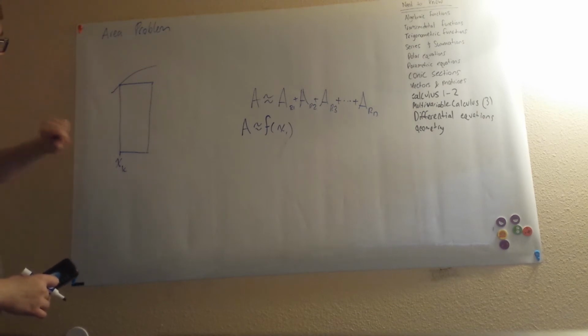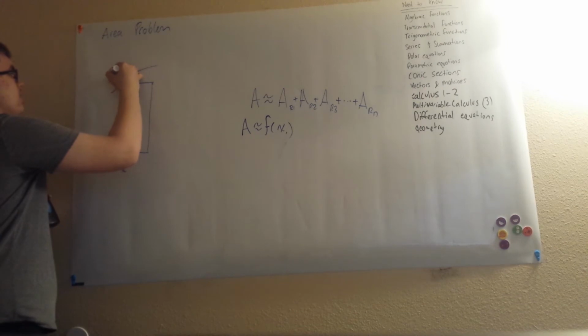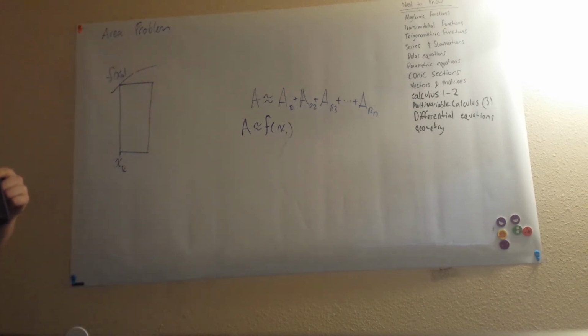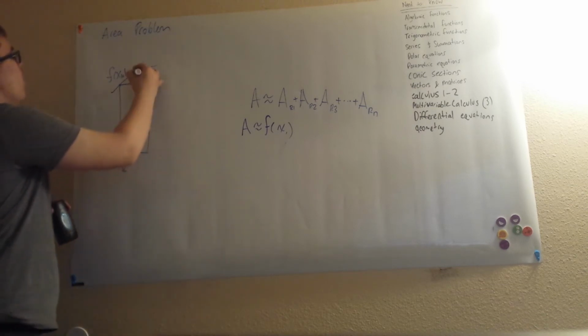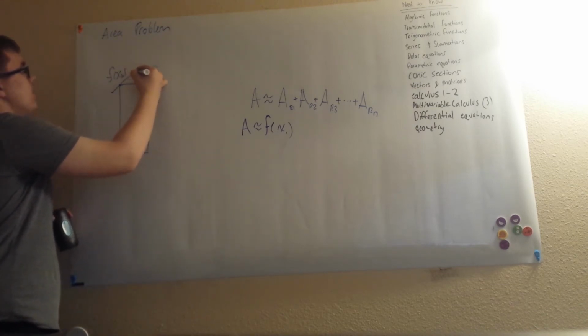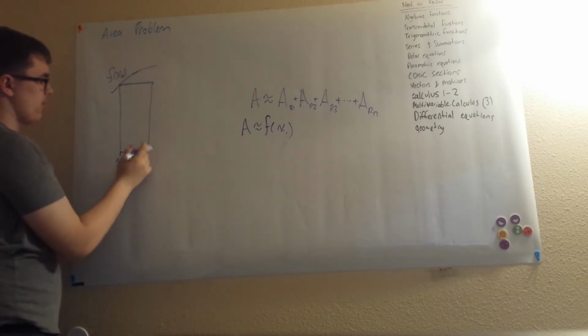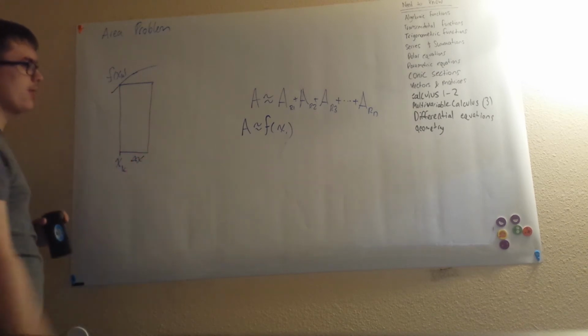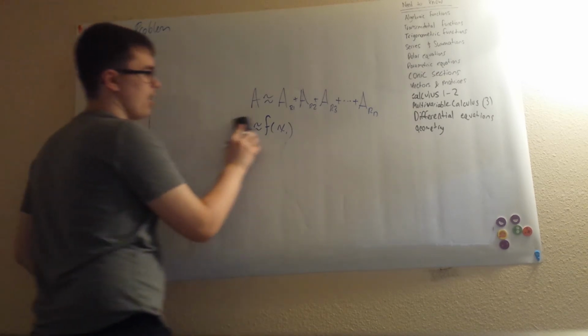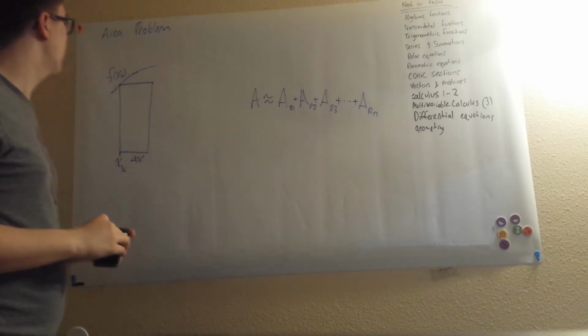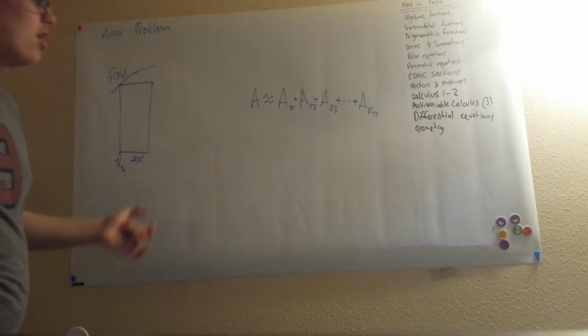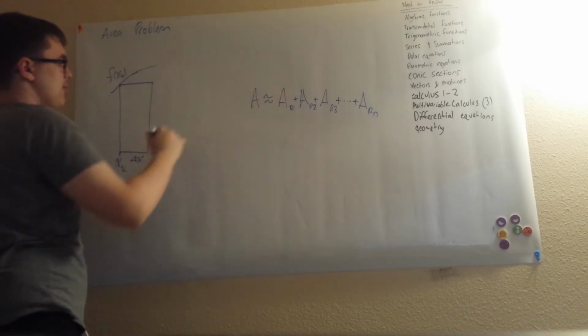Well, what's the height of the rectangle? It's f of x sub k, right? What is the width? Well, it's just delta x, right? So wouldn't you say that the area is approximately the sum of the areas of our rectangles? We did establish that, right?